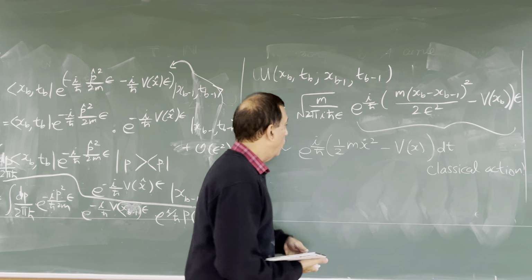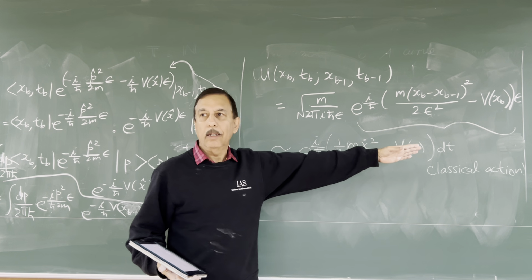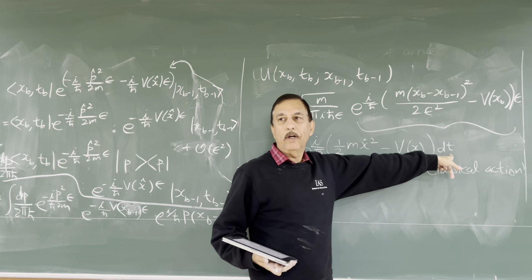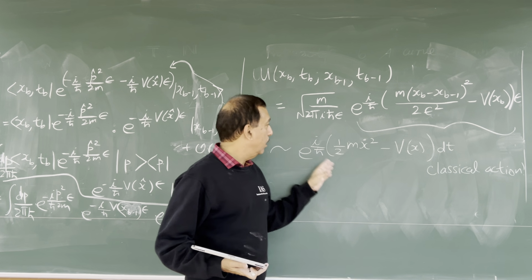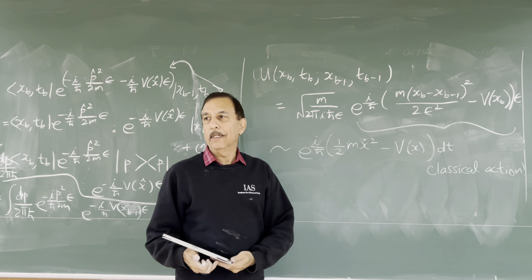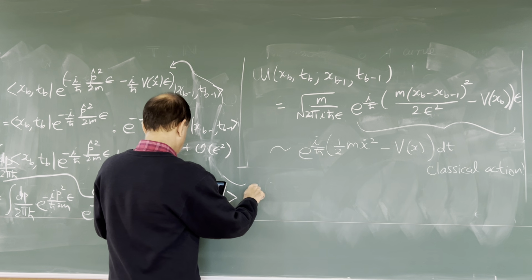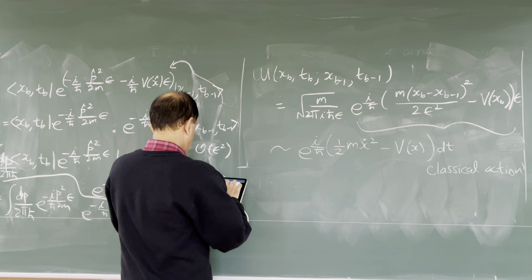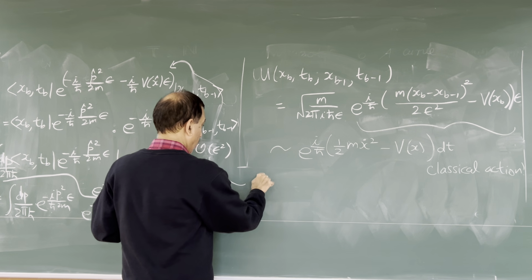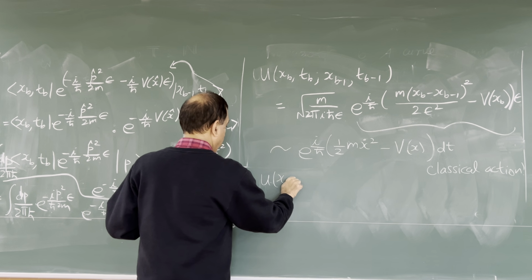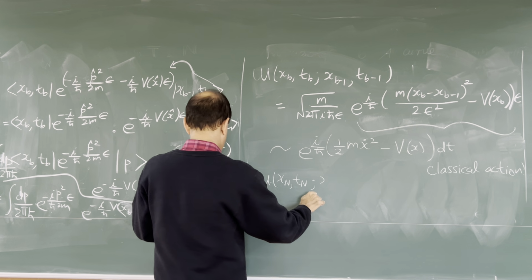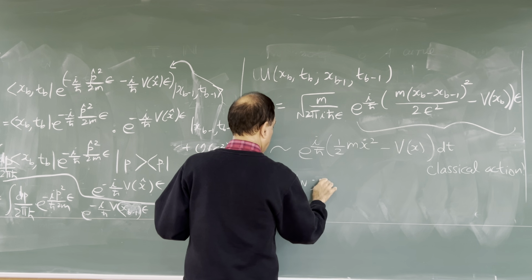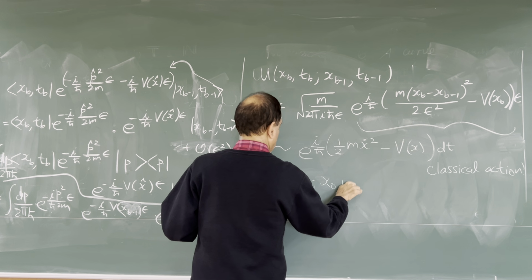And now we want to multiply together many of these over all different intervals of t. And what does that amount to? It's simply the integral of this over t. So therefore, the final answer is U of x_n and t_n, and x_0 and t equals 0.